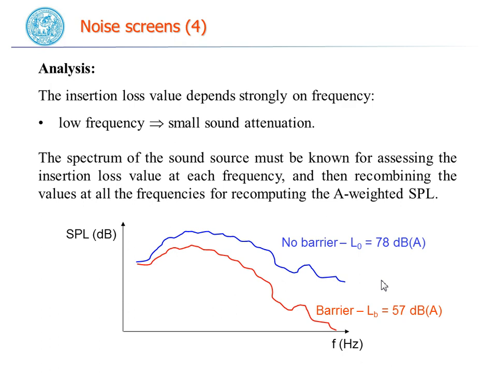To compute the final level, you have to apply the noise attenuation of the barrier in each band, for example octave bands, and then you sum the band levels together. If you don't know the source spectrum frequency by frequency, but only its total level, you cannot compute the total attenuation. Okay? And that's more or less all.